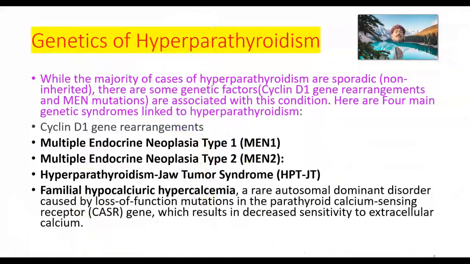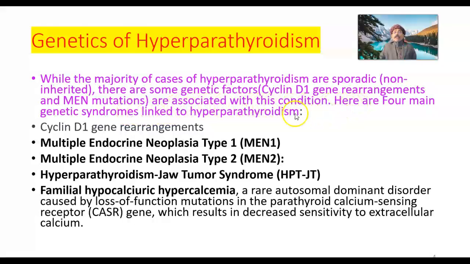We have to go through the genetics of hyperparathyroidism. While the majority of cases of hyperparathyroidism are sporadic, non-inherited, there are some genetic factors like cyclin D1 gene rearrangement and MEN mutation. MEN stands for multiple endocrine neoplasia, are associated with this condition.